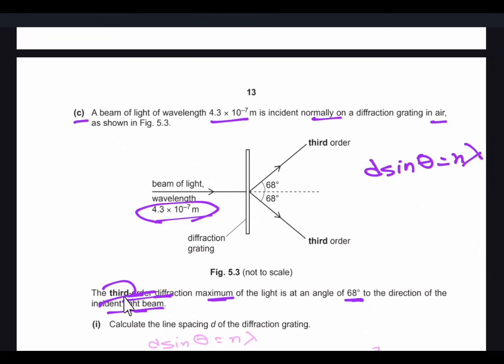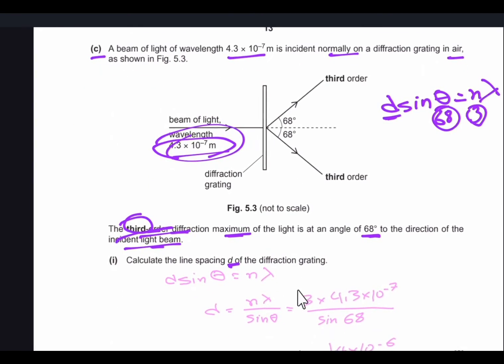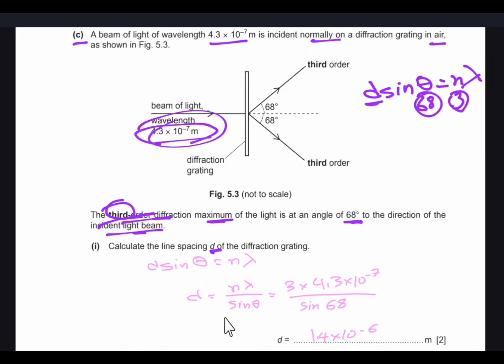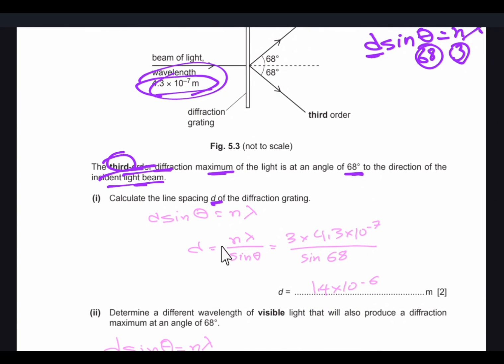So the value of n is 3, theta is 68 degree, and we need to find the spacing, that is the value of d. We have given theta, n, and lambda. So d sin theta is equal to n lambda, so d is equal to n lambda by sin theta. So d comes to be 1.4 into 10 to the power negative 6, correct to two significant figures.